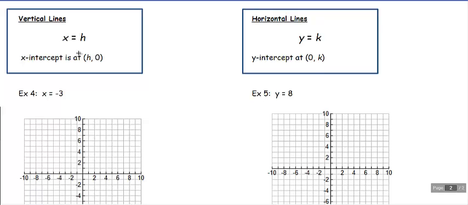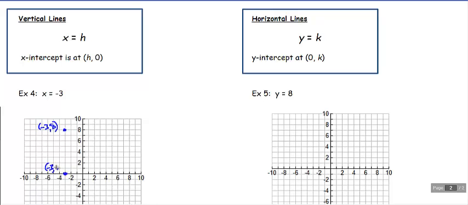Here's what I mean. Watch this. Whatever number this is, right? So if we're looking at this example here, we have x equals -3. That means that we're going to graph every single point that has an x value of -3. So I'll start it off with the easy one. There's the point (-3, 0). But let's see, there's a point up here too, right? Isn't that point (-3, 8)?